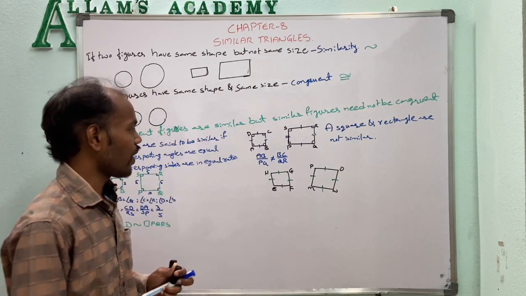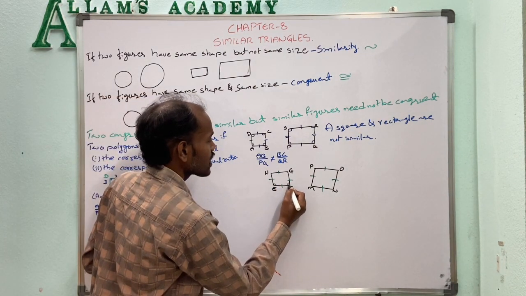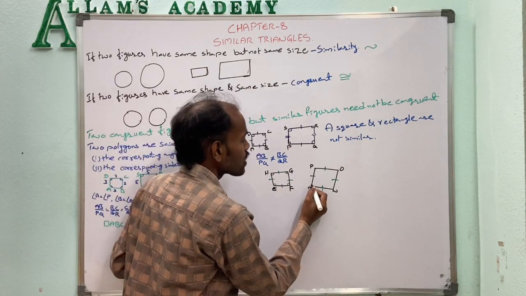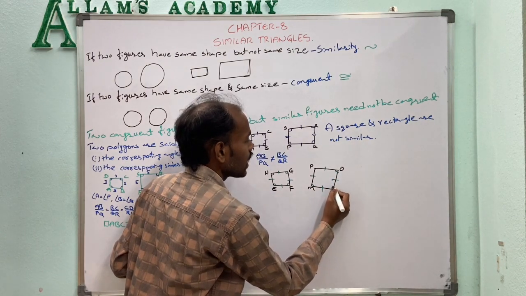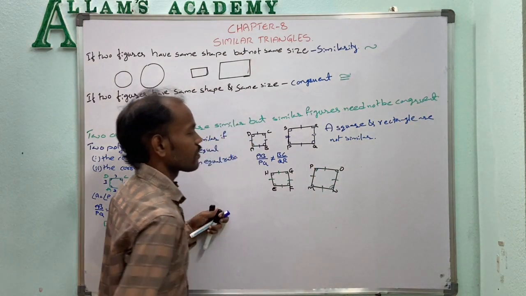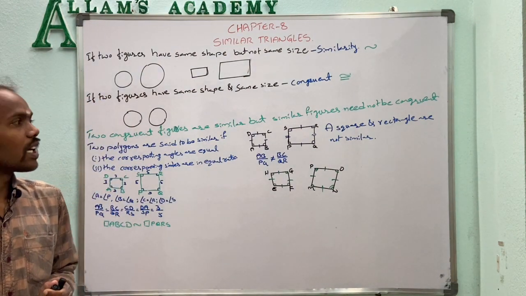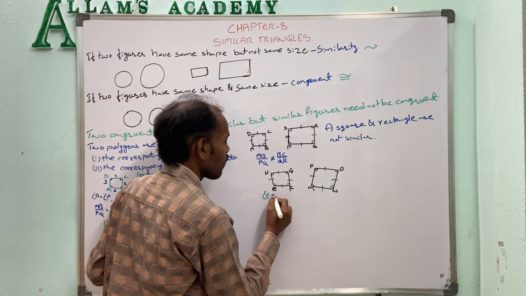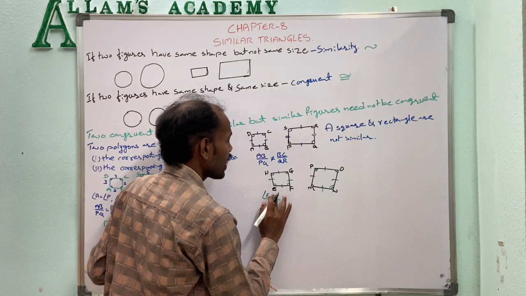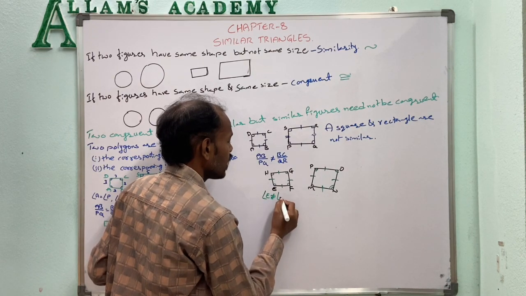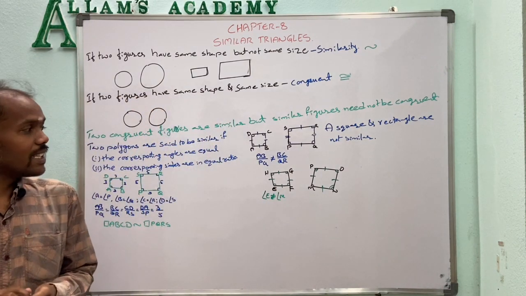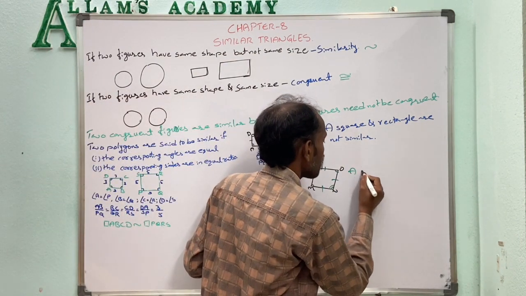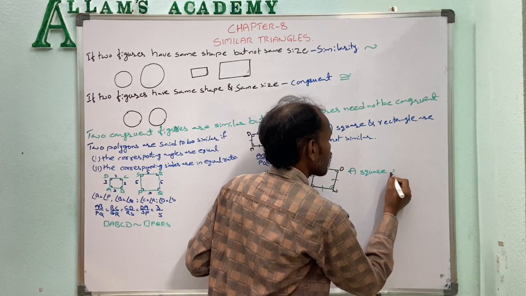But in a square each angle is 90 degrees, while in a rhombus opposite angles are equal. So here the corresponding sides ratio is equal, but the corresponding angles are not equal. So in this case we say a square and a rhombus are not similar.